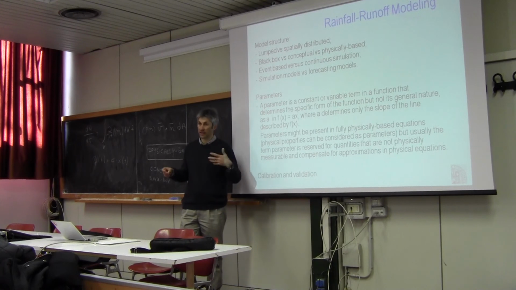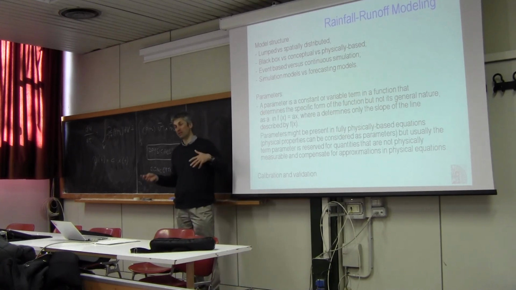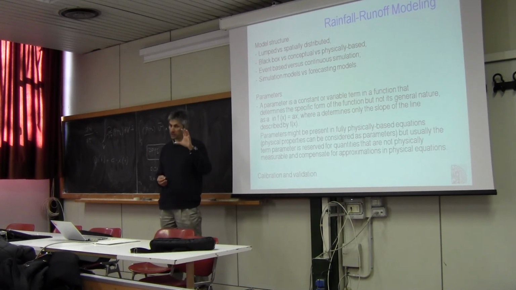And we will see in the exercises how to calibrate and validate models. For now, just keep in mind that you need to calibrate the parameters to find the optimal values, and then you have to check that these values for the parameters are indeed good. Okay?